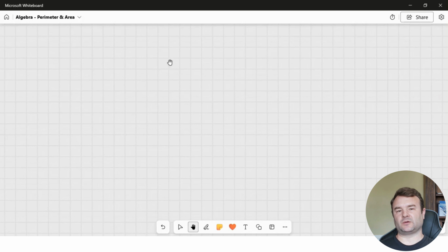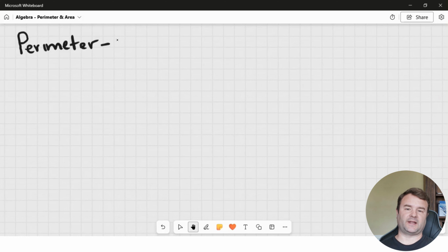And as in any subject in school, there comes vocabulary, and math is no different. So first, we'll get started with defining what perimeter is. Perimeter is basically the distance around a figure or shape.